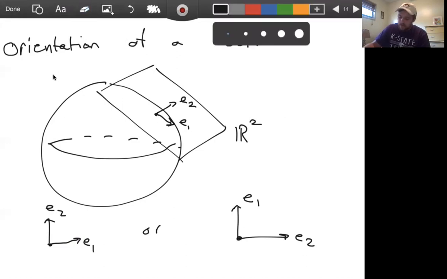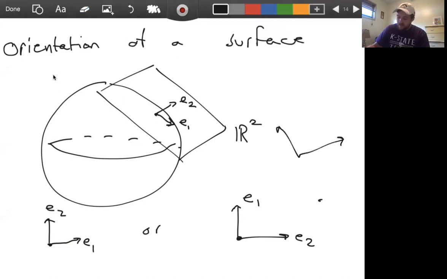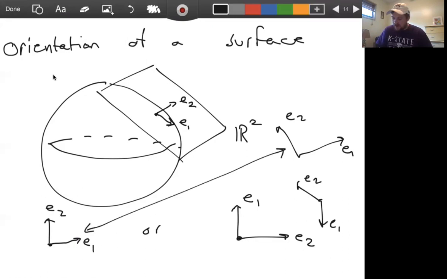However, any other collection of two vectors, however you want, can be expressed as a rotation of these vectors. And so you could have E1, E2, and you see this is just a rotation of this. And in fact, this is then a rotation of E1, E2, right? And you see there's no way to get from here to here. And so that means we still have a choice, but now it's two vectors since our tangent space is R2.